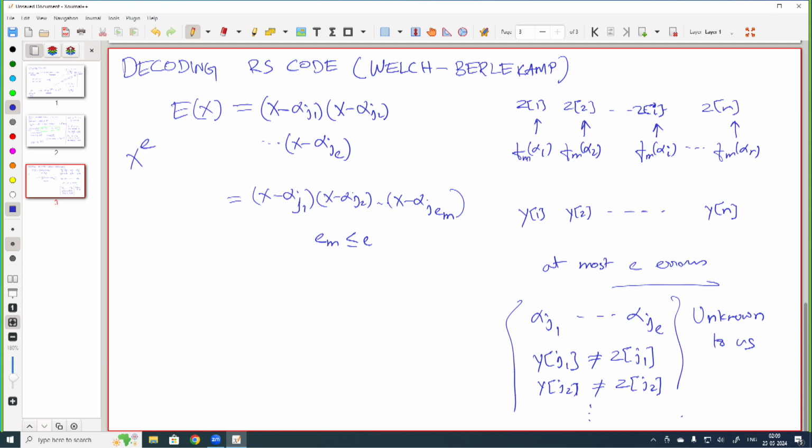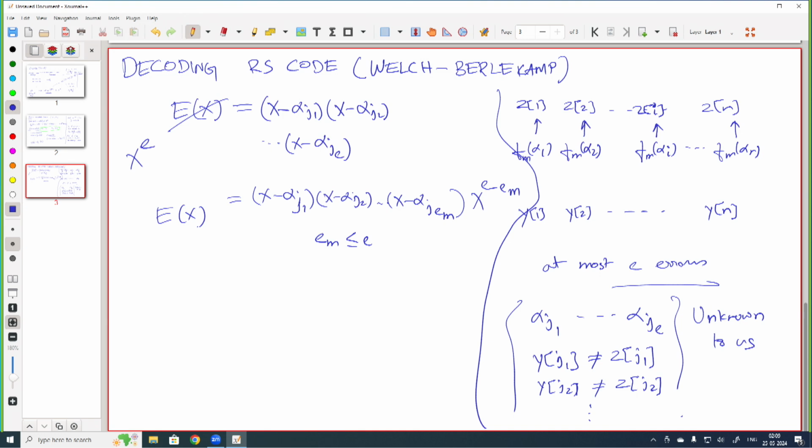So, what I will do is multiply it by x raised to E minus E m. Right. If I do this, instead of this it is this. So, this polynomial has degree exactly E, and the leading coefficient of this polynomial is 1.